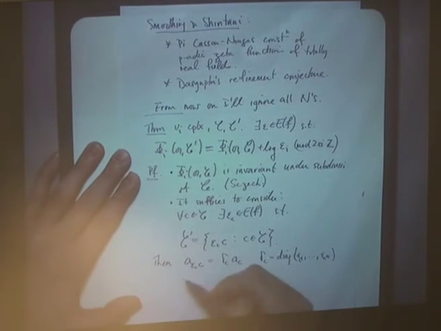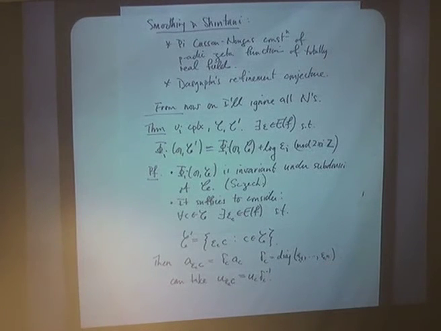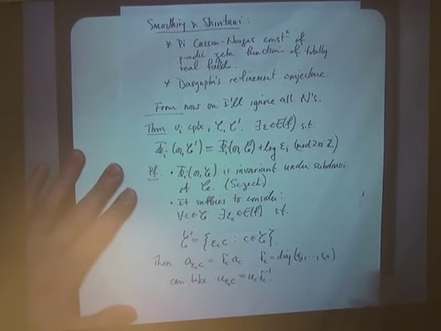And we can take U_{epsilon_C C} to be U_C times delta_C inverse. So the matrix which ensures positivity of my matrix elements for this cover C prime, I can define in terms of the corresponding data for C, because delta is just a diagonal matrix whose entries are totally positive units.